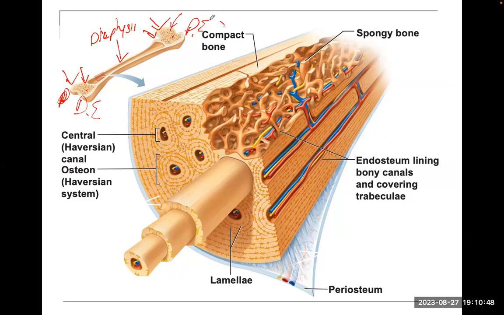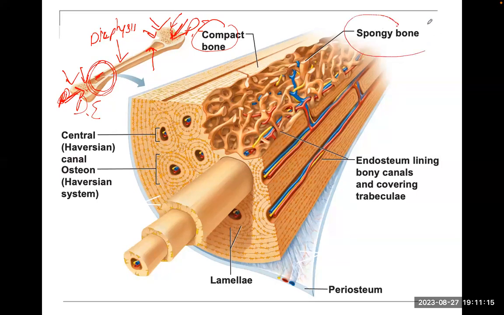We have compact bone. So what we're doing is we're taking this part right here and we're looking at it here. So this is compact. We have spongy bone here, here, and in the middle, which is called the medullary cavity, is also spongy.